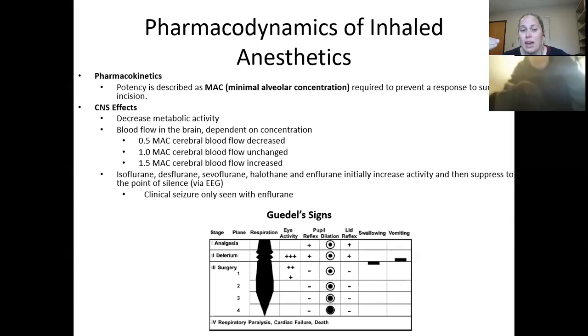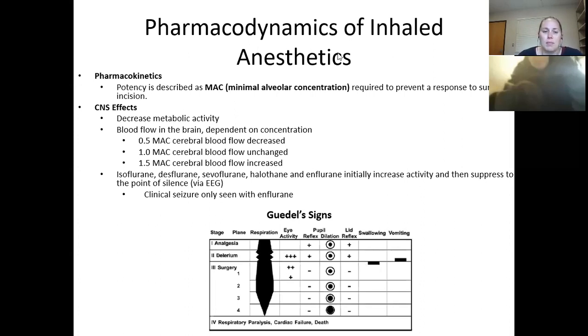If you look below that, you'll see that cerebral blood flow is decreased. At that one level, you have unchanged cerebral blood flow, and then greater than that 1 point concentration, you have an increase in blood flow.